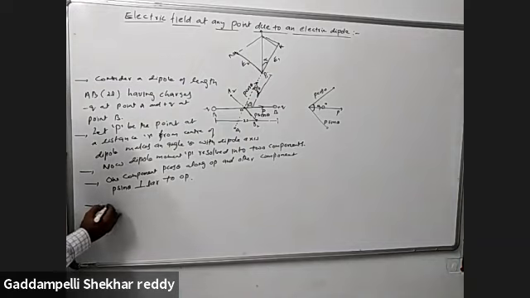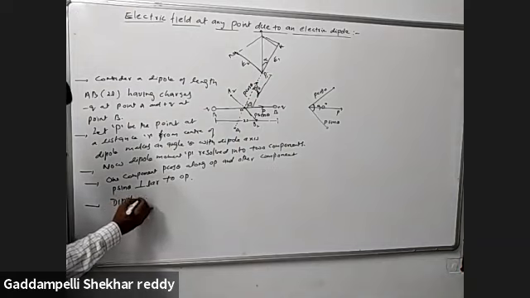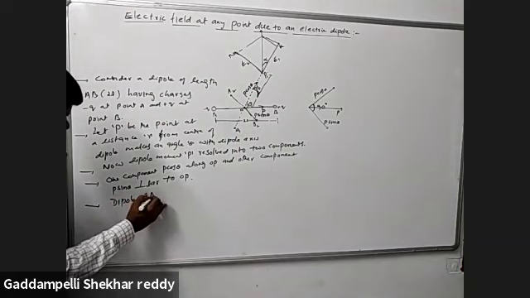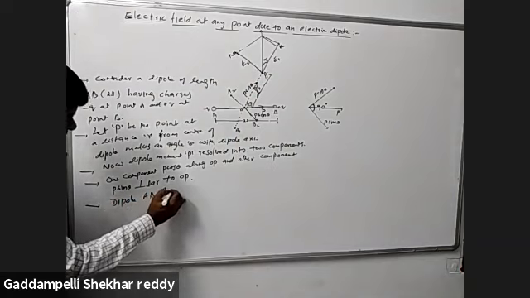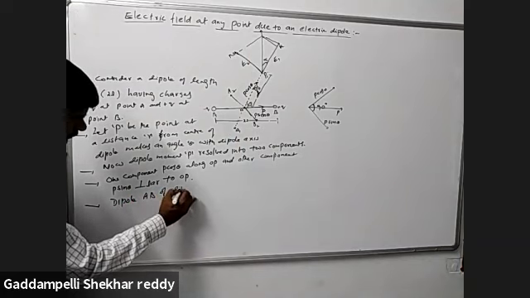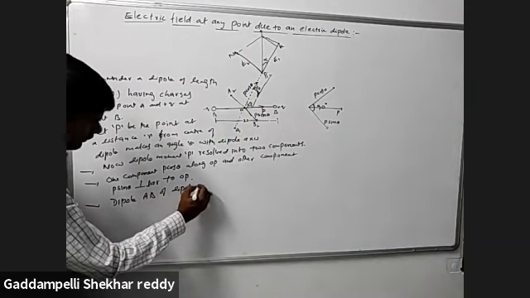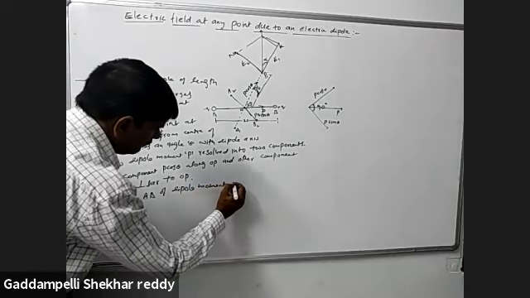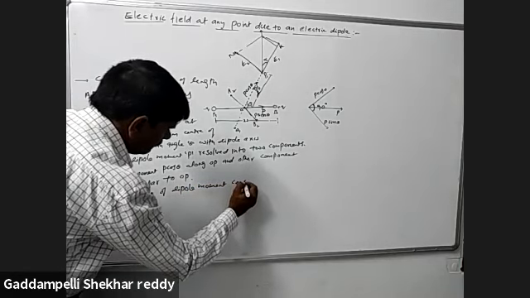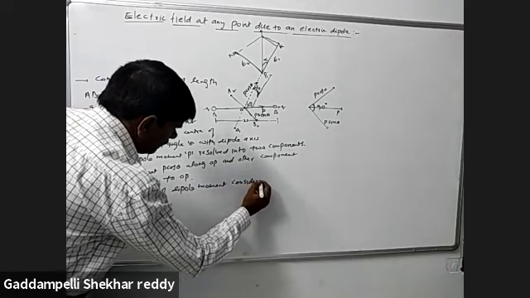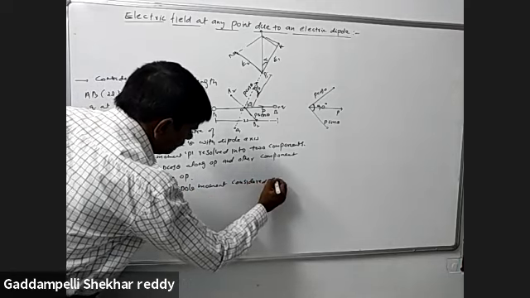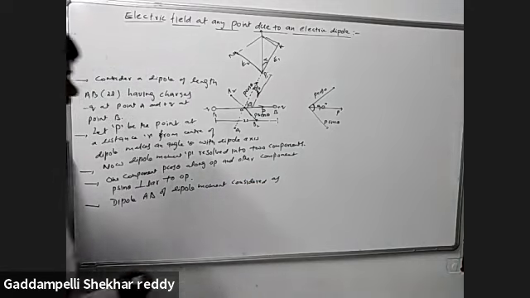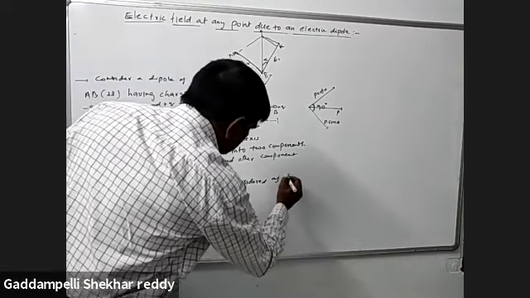Next point, the dipole AB of dipole moment P can be considered as two dipoles.